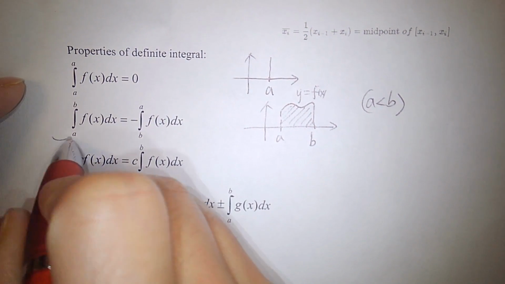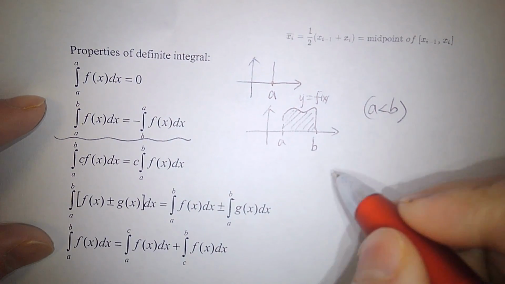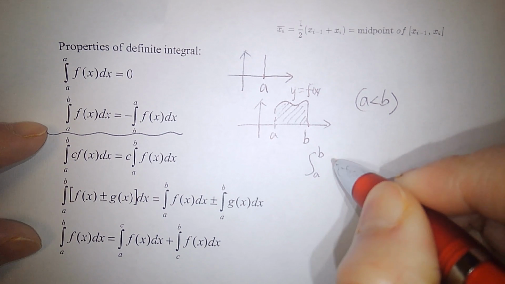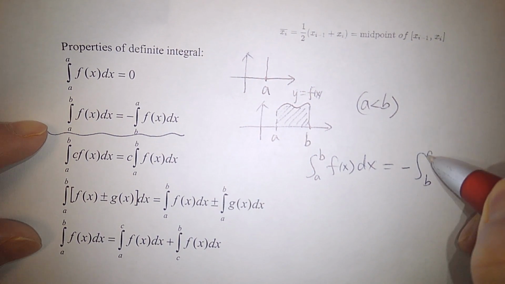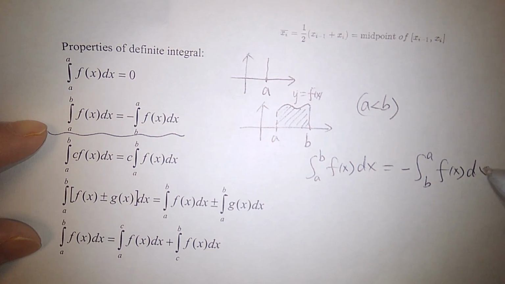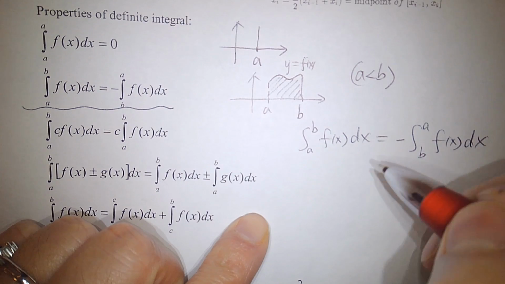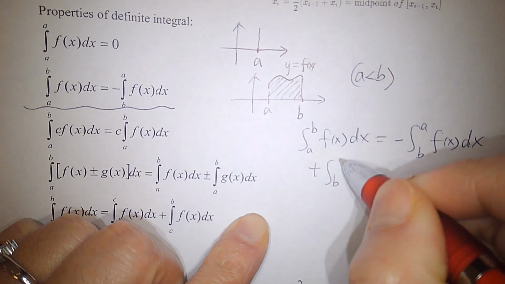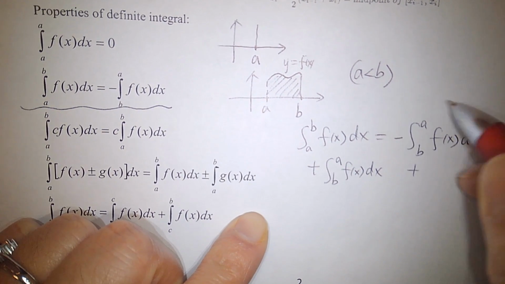In order to prove this is true, the integral from a to b of f of x dx equals negative the integral from b to a of f of x dx. We want to prove this by adding the integral from b to a of f of x dx to both sides, because we want this to disappear.